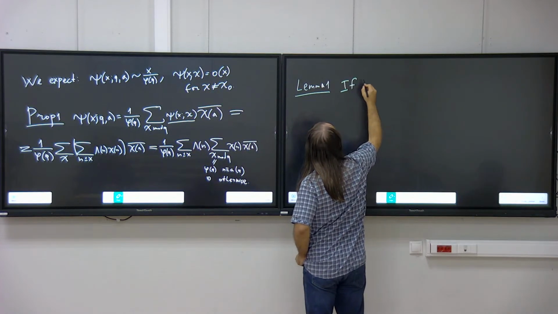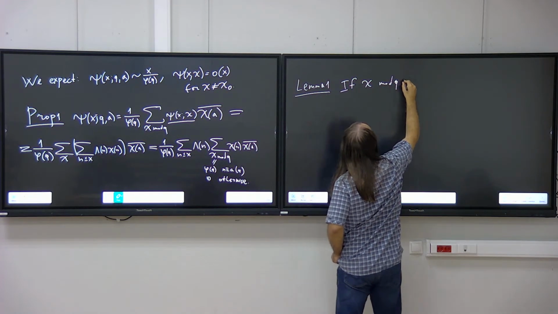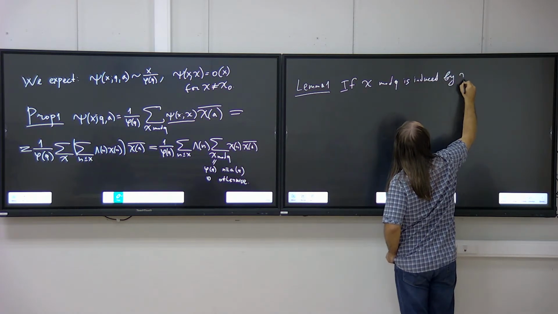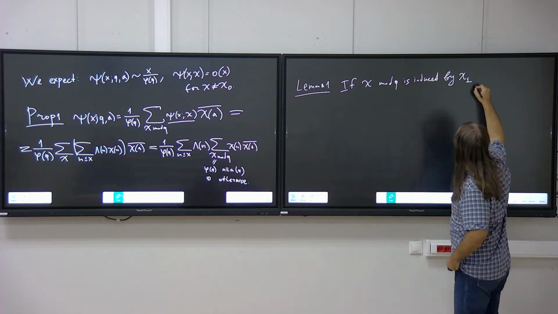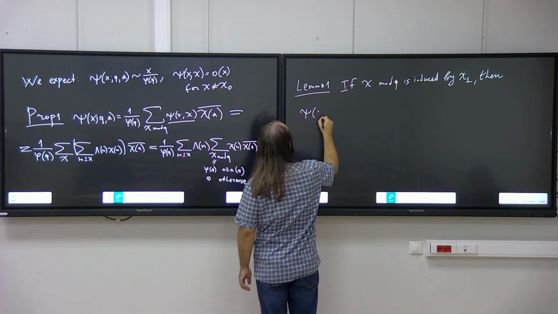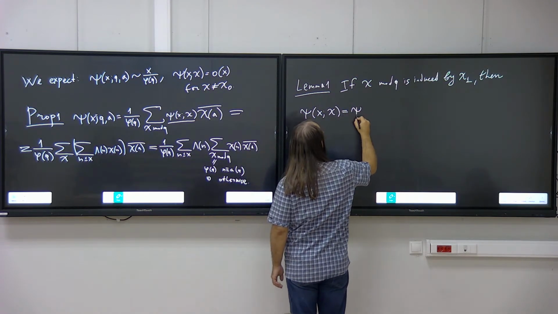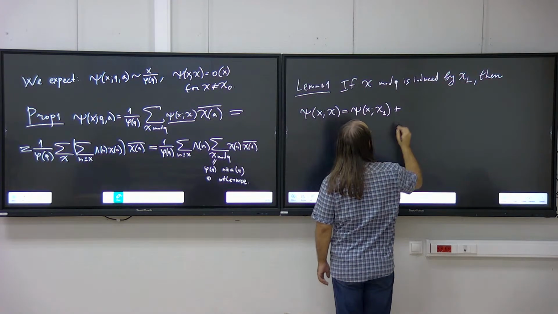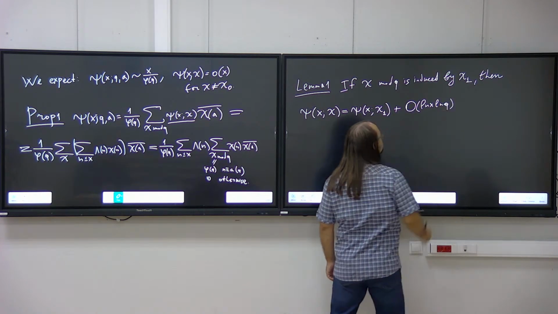If chi mod q is induced by chi 1, say, then we have the following. Psi of x chi is equal to psi of x chi 1 plus big O of log x log q.